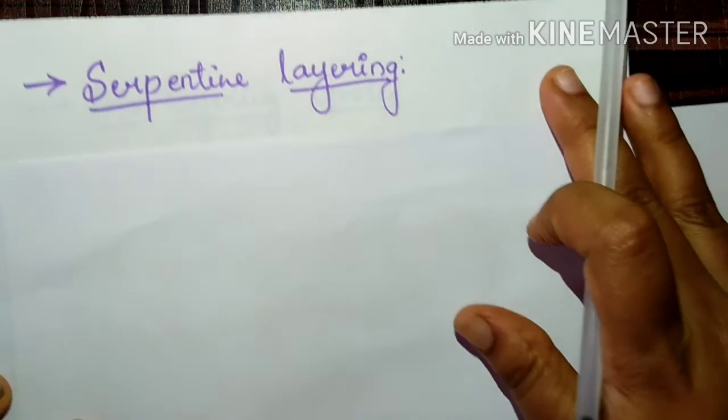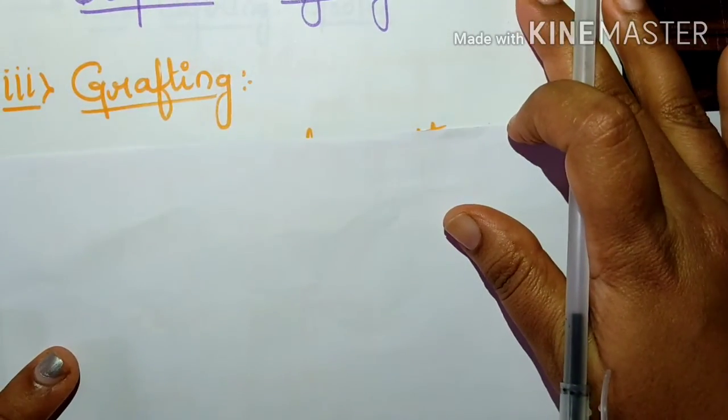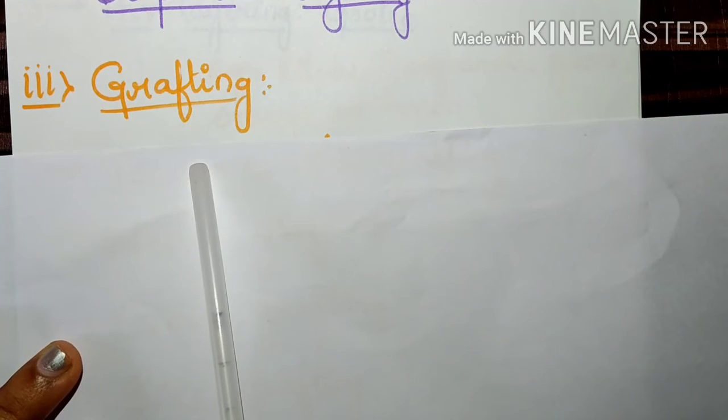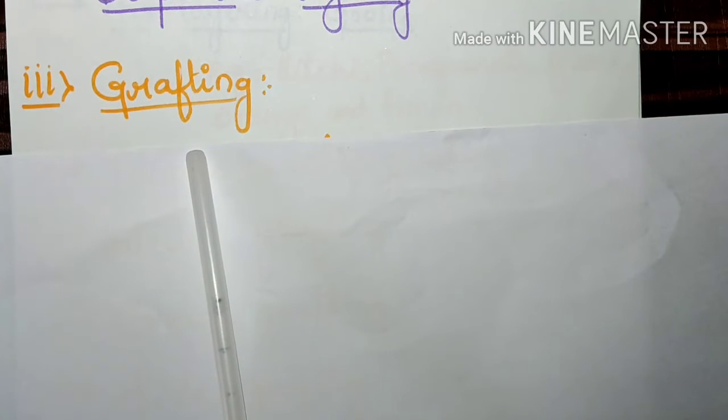So next we are going to study about grafting. Grafting is a technique of connecting two plant parts, usually a root system and a shoot system of two different plants, in such a way that they unite and later develop as a composite plant.